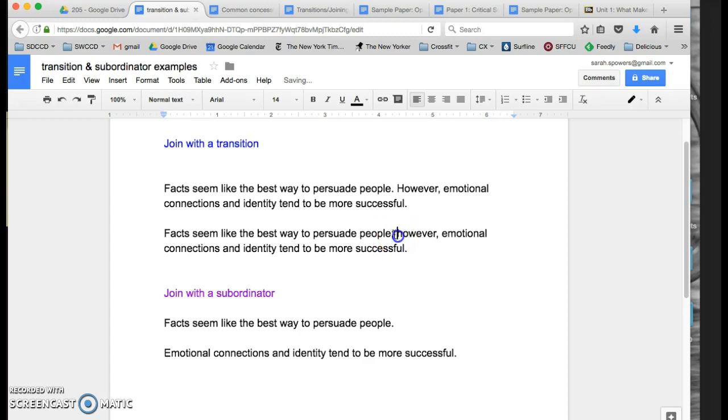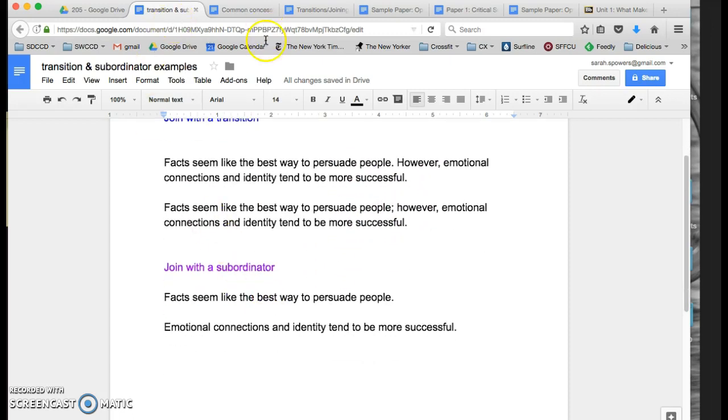Okay, so a semicolon works just like a period, except the reason for a semicolon is to show there's a strong connection between the two complete sentences. But semicolons work like a period. They connect only two complete sentences. Okay, so those are my options there.